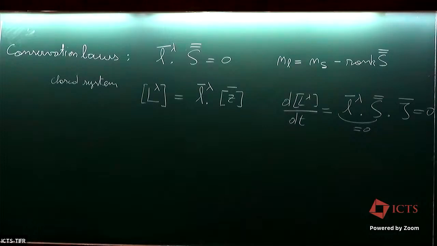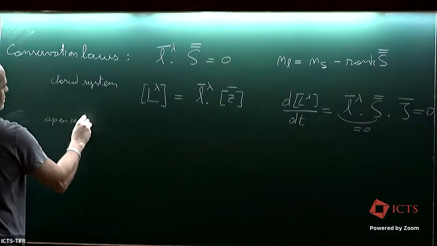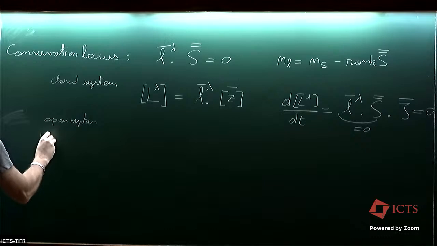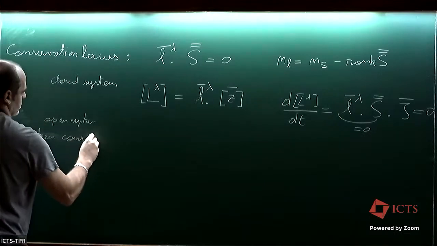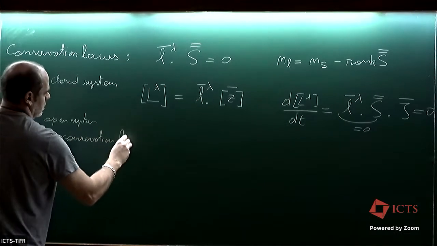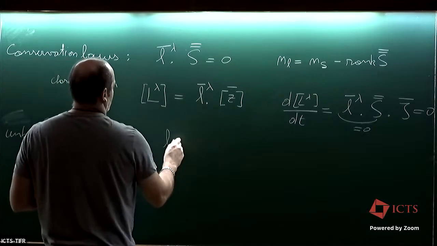Okay, so this is a combination of species that are conserved by the dynamics. I will give you the example in just a second after I introduce the unbroken conservation laws. So now let's open the system. The unbroken conservation laws are those conservation laws that are still conservation laws of the open system.